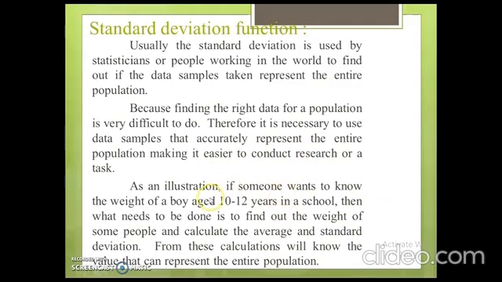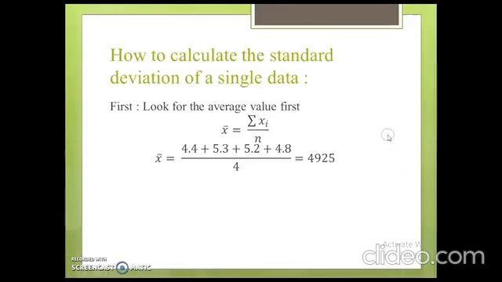An illustration: someone wants to know the weight of boys aged 10 years in a school. What needs to be done is to find out the weight of some of them and calculate the mean and standard deviation, which will give a value that can represent the entire population.